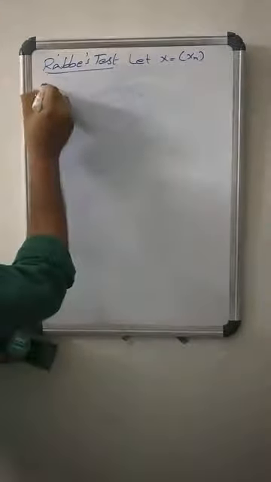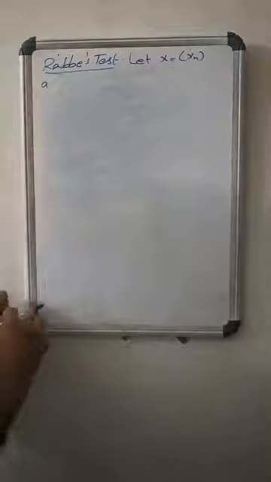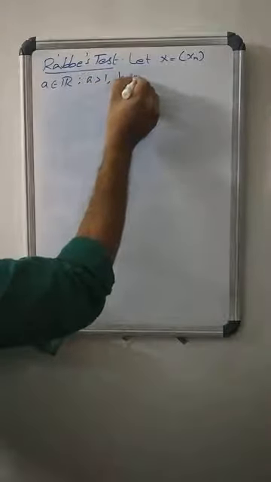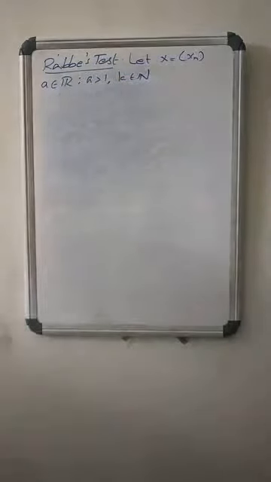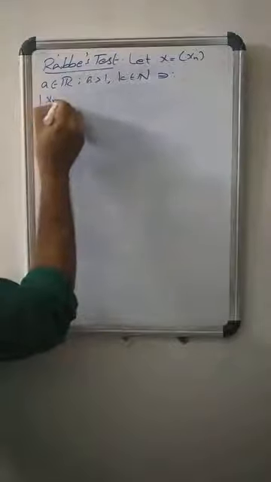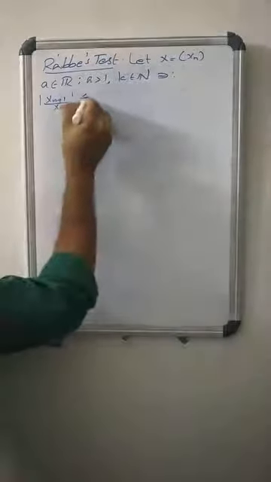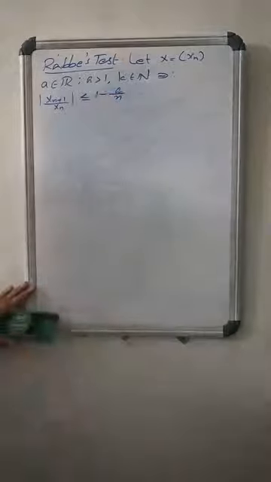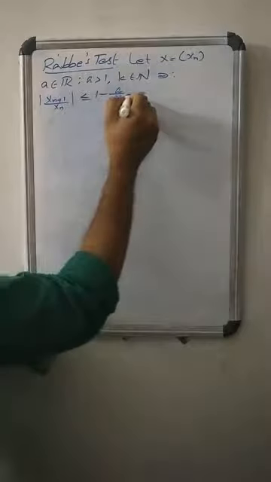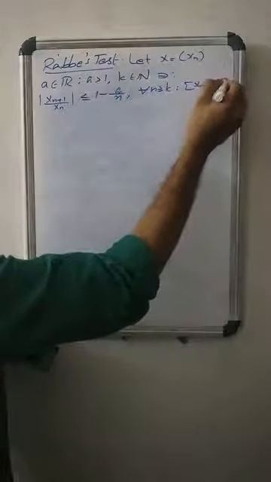If there exists a real number a greater than 1, a is any real number, and k is any natural number, such that modulus of xn plus 1 by xn less than or equals 1 minus a by n for all n greater than or equals k, then the series sigma xn is absolutely convergent.